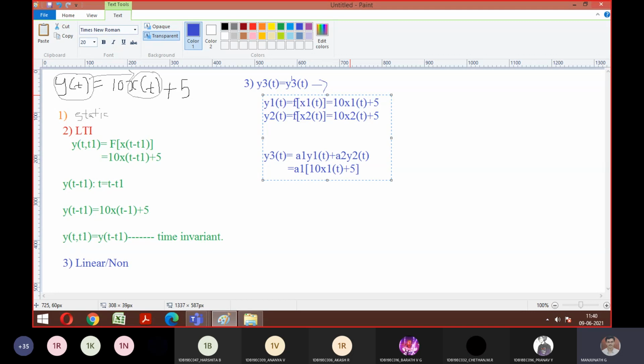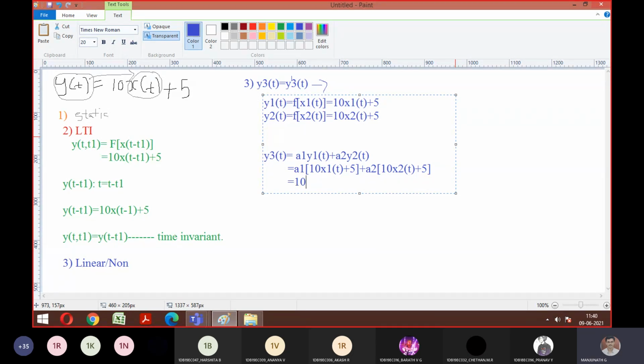So this is with respect to my y1 of t. Continue the formula, plus a2 in the bracket. What is y2 of t? Just replicate the formula, so the formula remains the same. I'll just change this to x2. Any doubts till here? Here you can conclude the y3 answer by multiplying the constant terms. So what is the final answer?